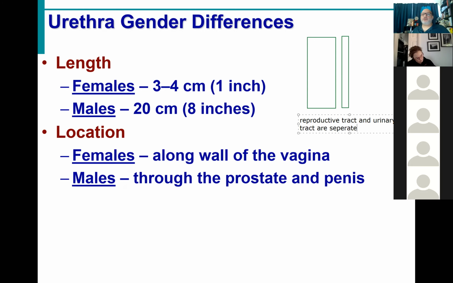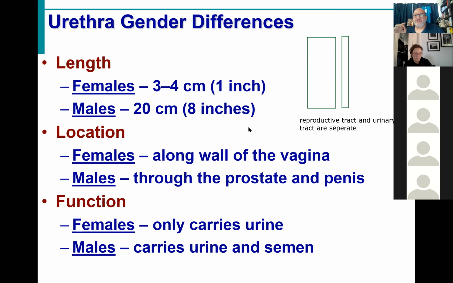Is the same thing true for males? No. In males, basically, the urethra passes through the prostate and the penis. So from a functional standpoint, in females, the urethra only carries urine, whereas in males, it is a conduit for both urine and semen.